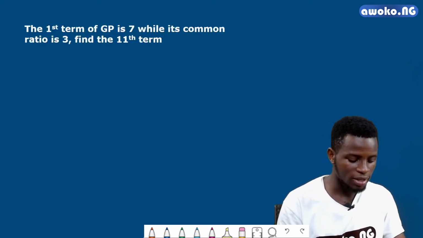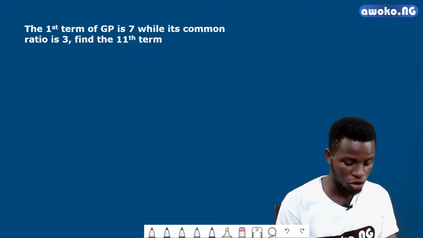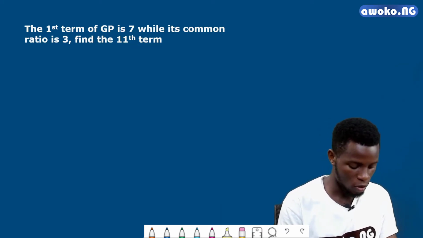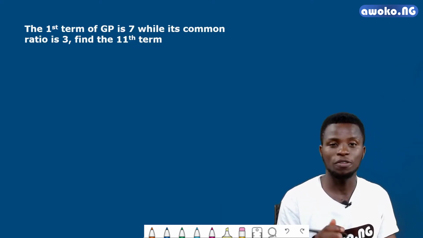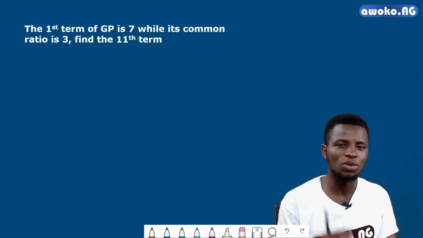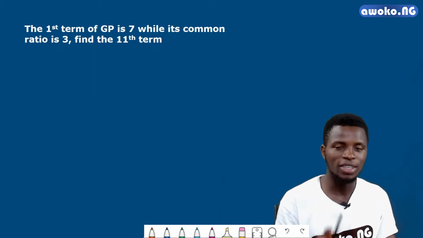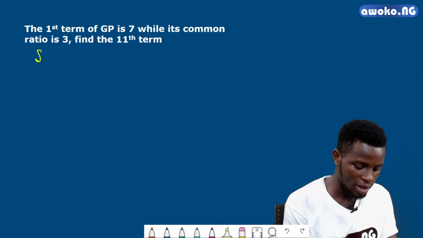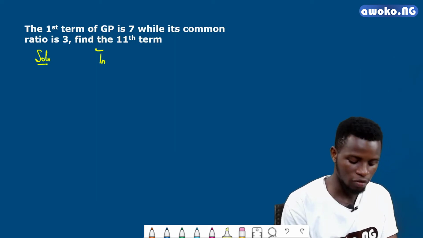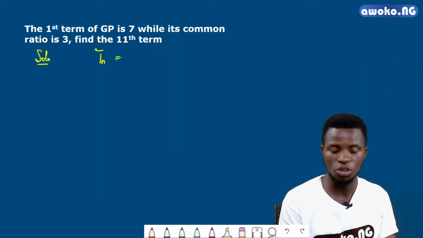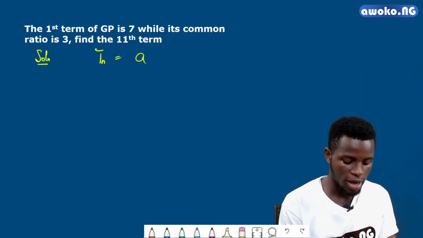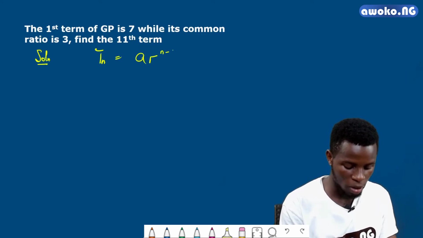We're told that the first term of a GP, the short form for geometric progression, is equal to 7, while its common ratio is 3. Find the 11th term. Remember, the first thing you need to know is the formula for the nth term of a GP, which is Tn equals ar raised to the power of n minus 1.